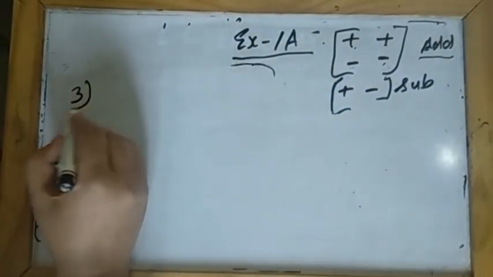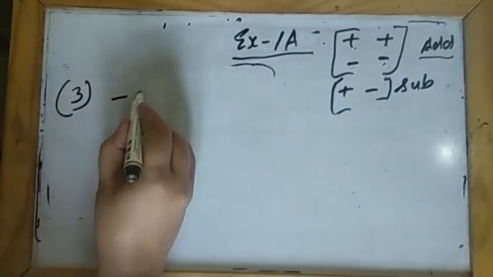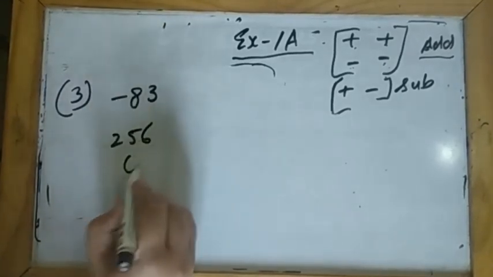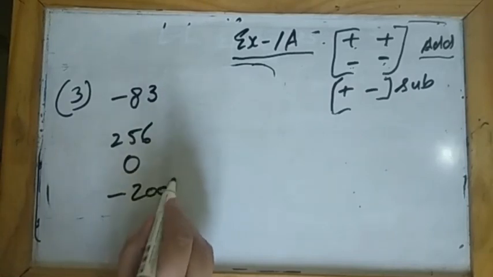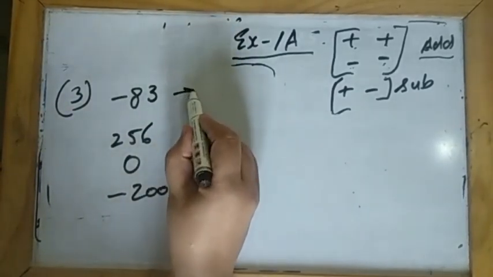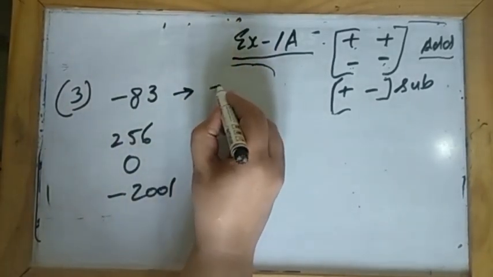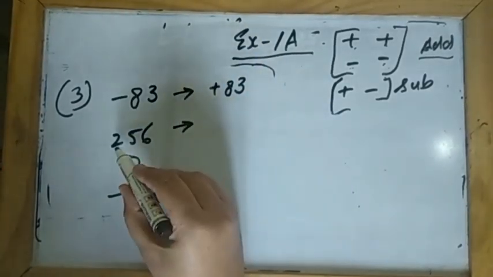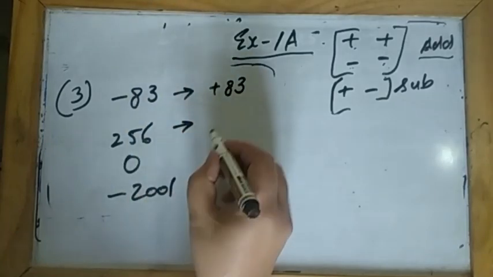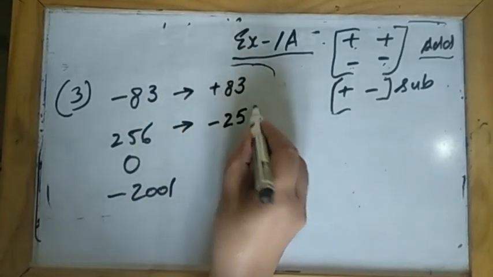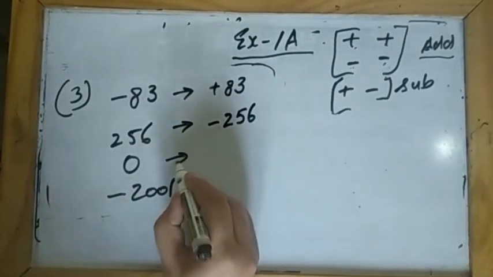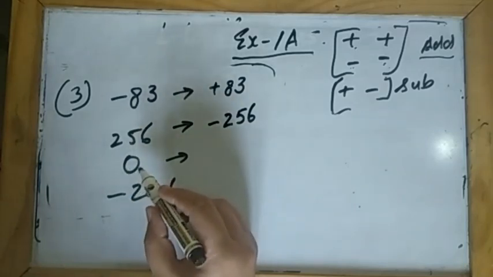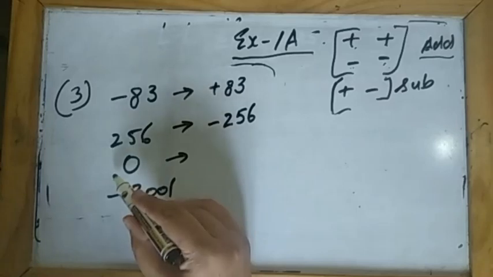Now come to the third question. So I have to write the additive inverse. So the numbers given are these. So what is the additive inverse of -83? It's +83, the opposite of this number. And what is the additive inverse of 256? This is positive, so its additive inverse is -256. And what is the additive inverse of 0? In the beginning I told you that 0 does not have any sign.